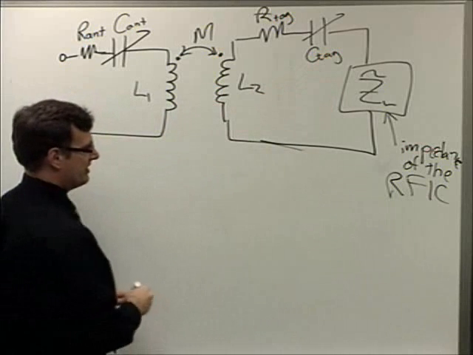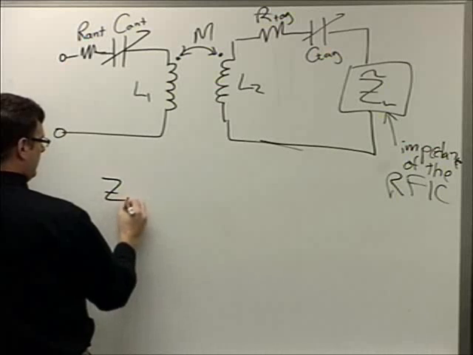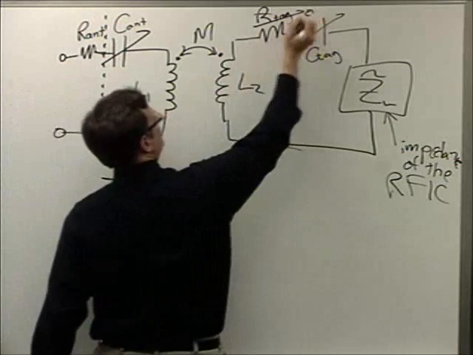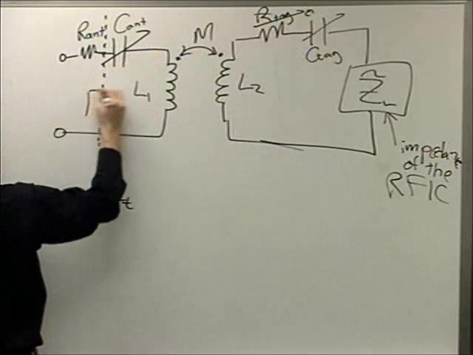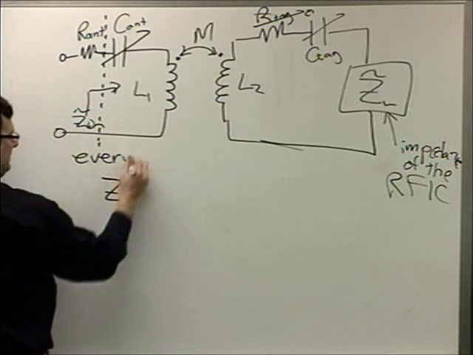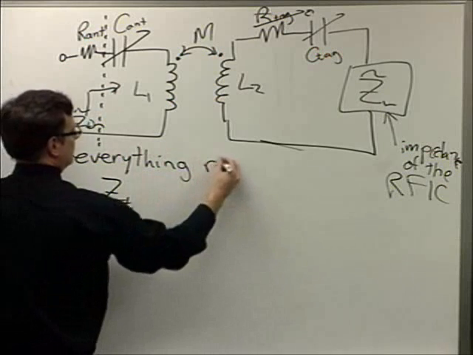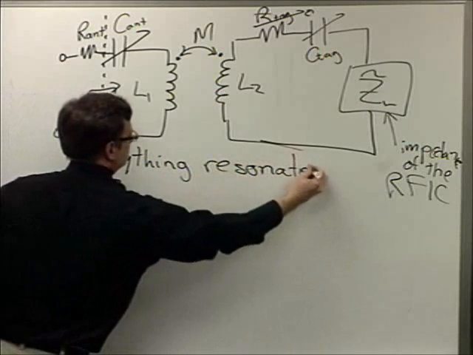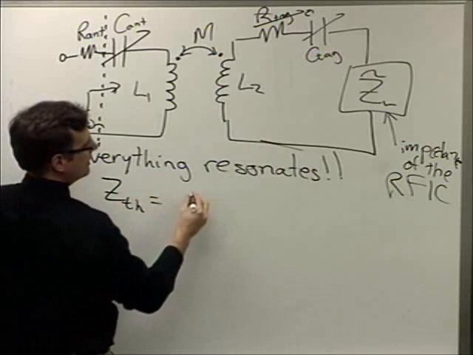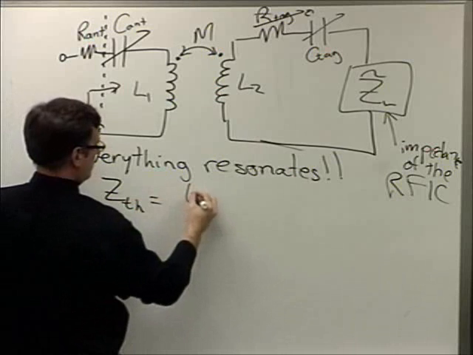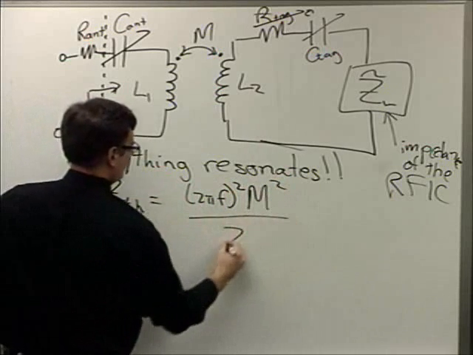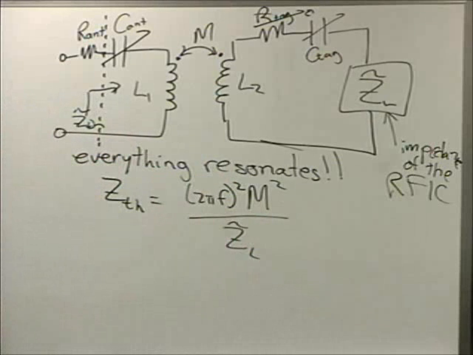And all I'm left with in that case, if everything goes well, and we assume this is 0 or very, very small, and I look at my ZTH at that point, and everything resonates, then ZTH is just going to be (2 pi f) squared times M squared over ZL.